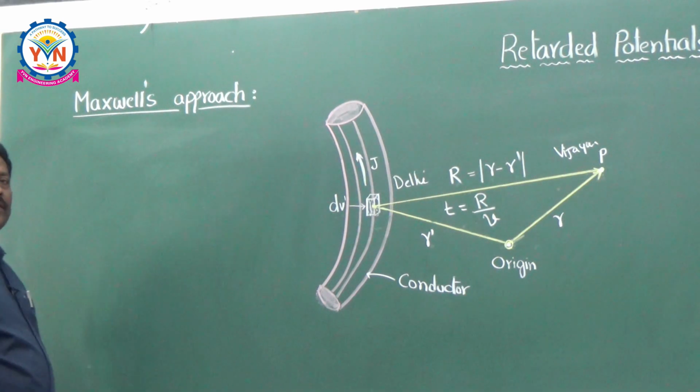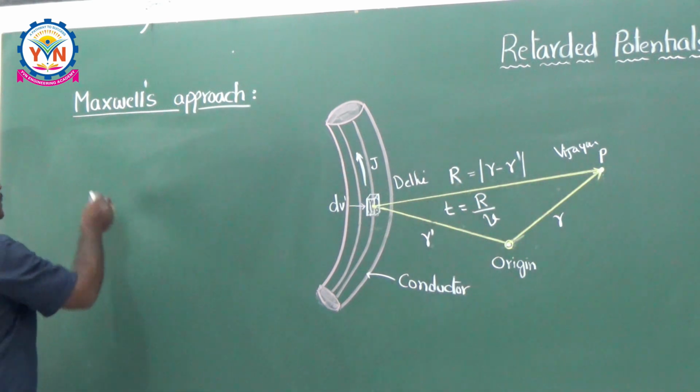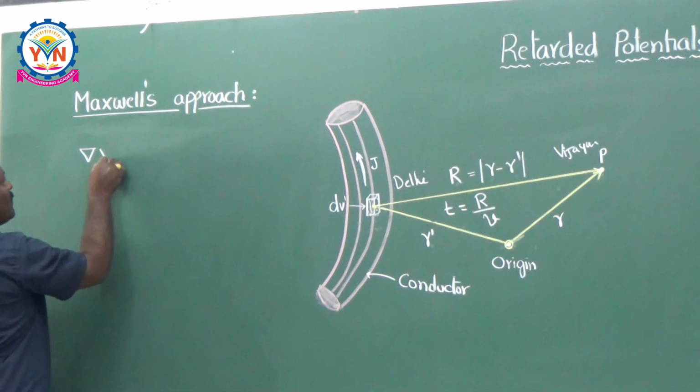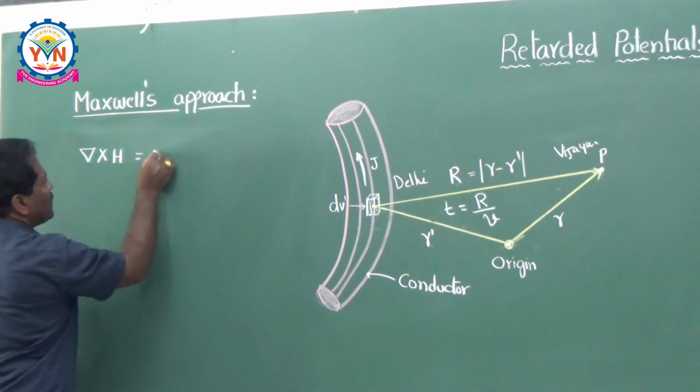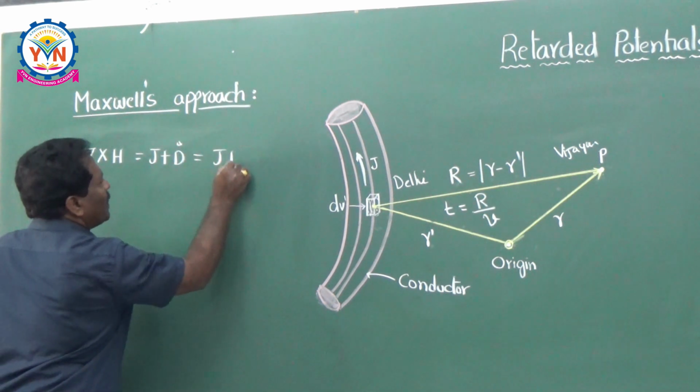Now we are going to develop the differential equations using the other Maxwell's equations. What is the first Maxwell equation? Del cross H is equal to J plus D dot, that is equal to J plus epsilon times E dot.